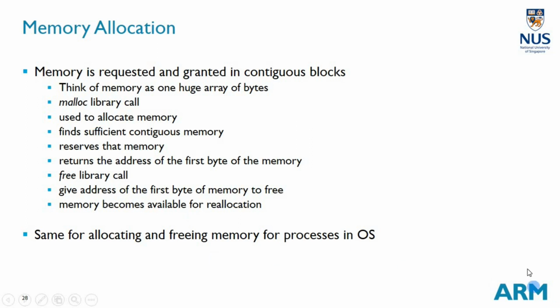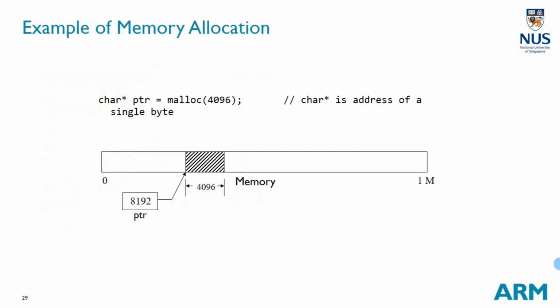So now we're going to look a bit more into the memory allocation strategies that I mentioned earlier. So in essence, you can see here that if I have a 1 megabyte chunk of memory, when I call malloc, what will malloc do? It will go in and try to allocate for me this 4096 bytes of memory. And once it successfully is able to allocate, it will return to me the address.